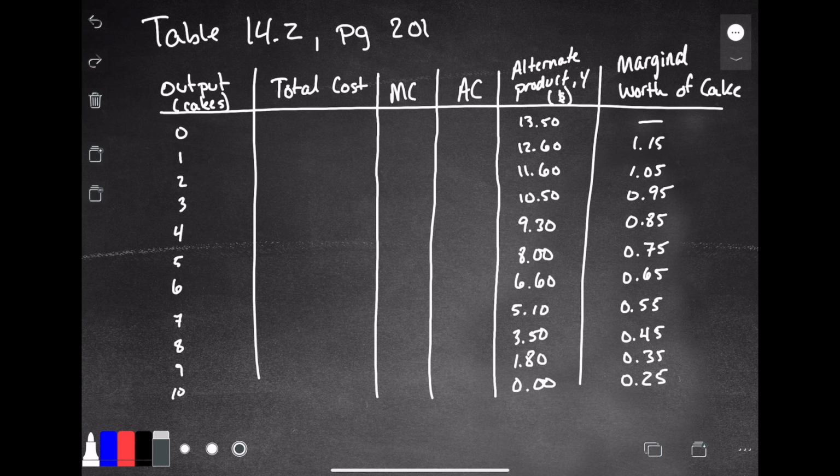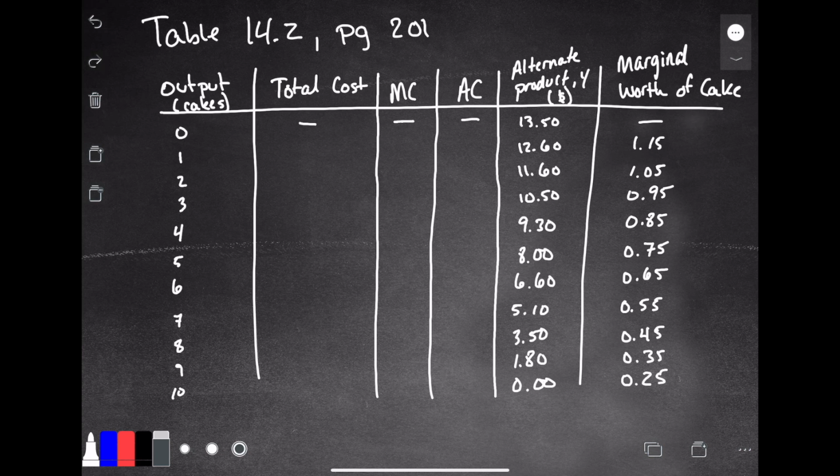Okay, so the very first cake that we make costs Adam $13.50 minus $12.60. And so the first cake, or zero cake, doesn't have a marginal cost. It also doesn't have an average cost, and it also doesn't have a total cost. So we can ignore that first row here, just like we did with the marginal worth of the 0th cake.